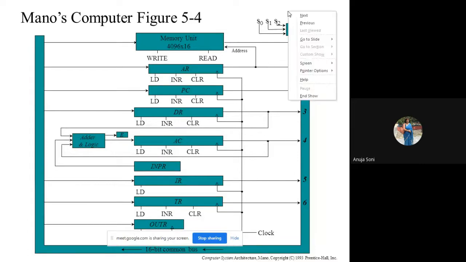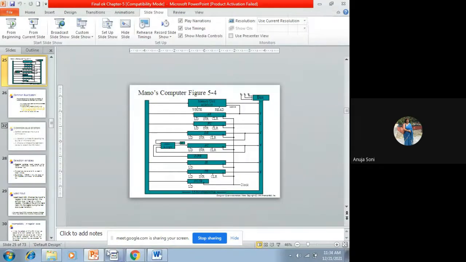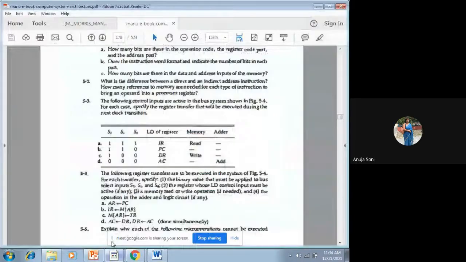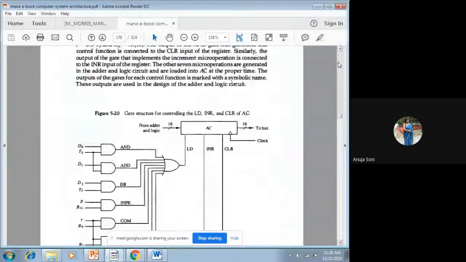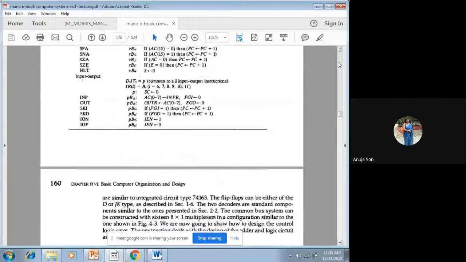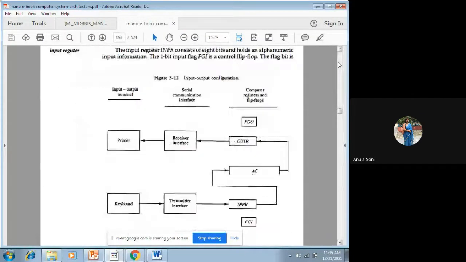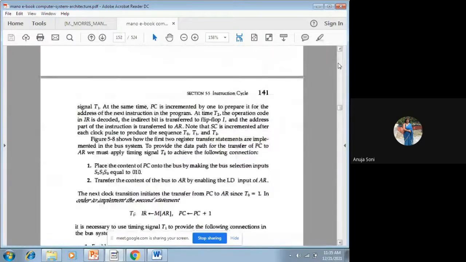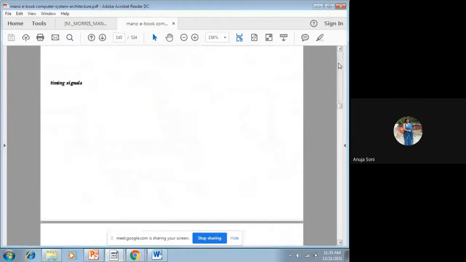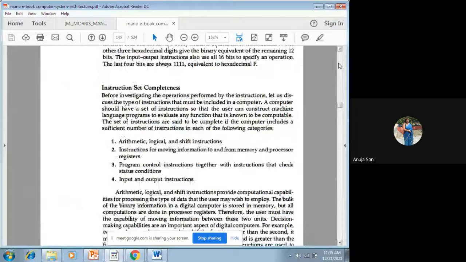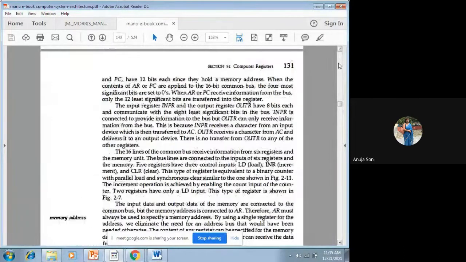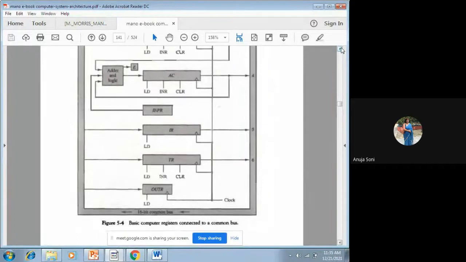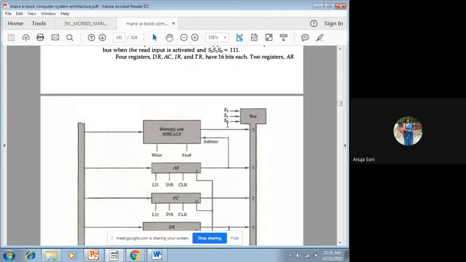S0 is the most significant, and let me open the e-copy just to reconfirm it from the book. S0, S1, S2. S0 is the most significant bit and S2 is the least significant bit.